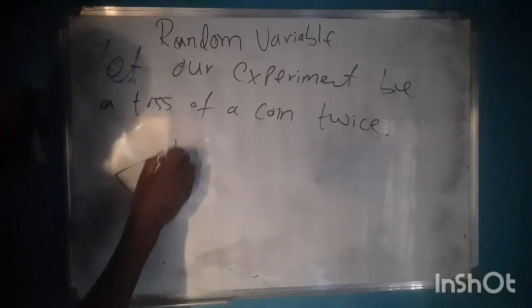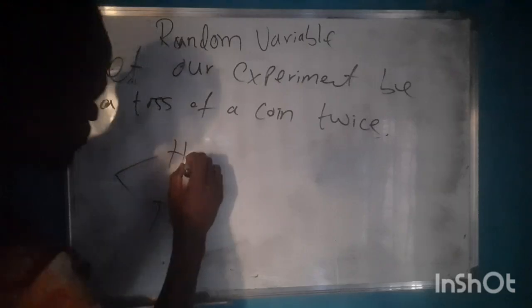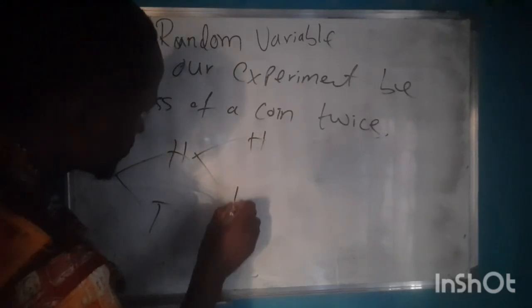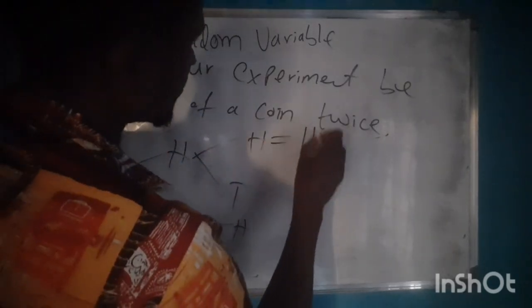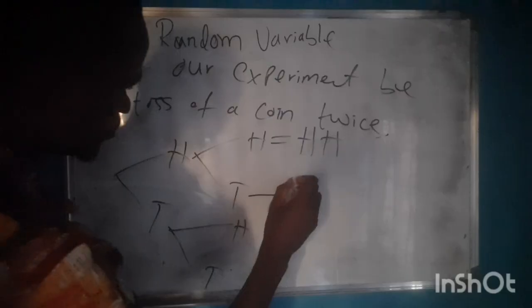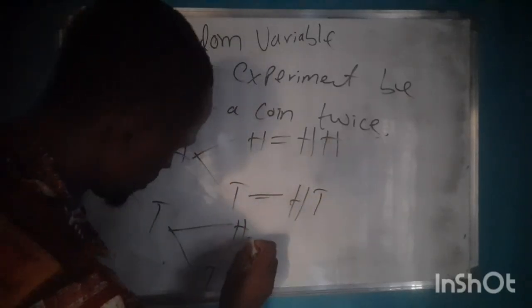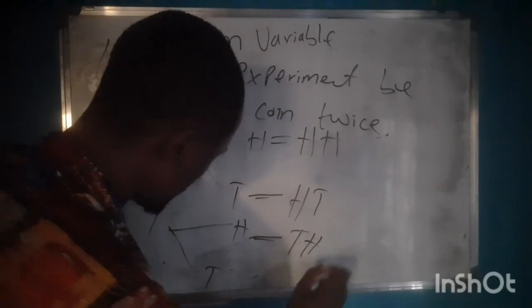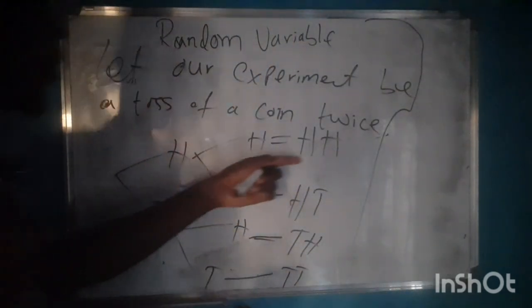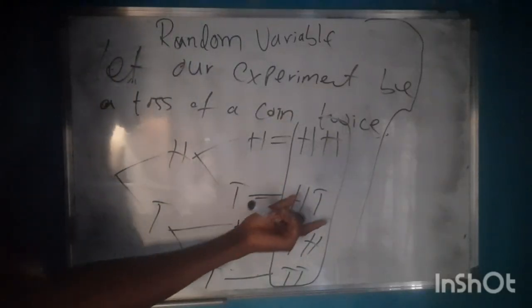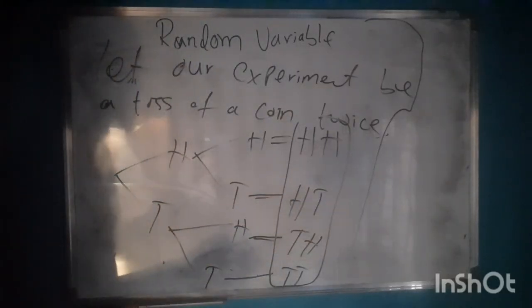In the first toss, we have head and tail. In the second toss, we have head and tail, which will give us HH, HT, TH, and TT. This is our sample space. So if a coin is tossed twice, we have four sample points, which is the collection of all the possible outcomes of this particular experiment.